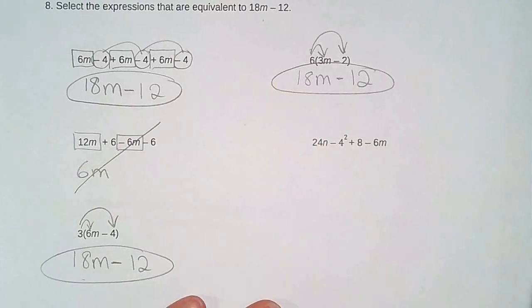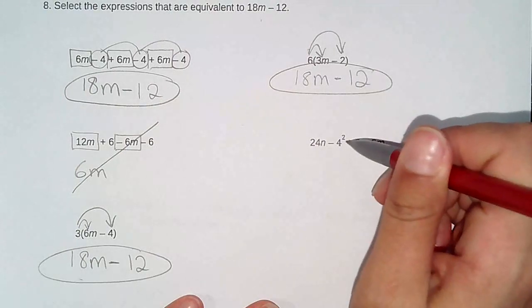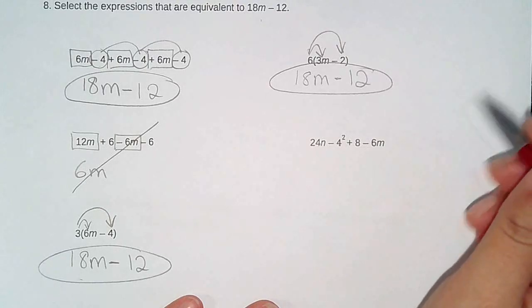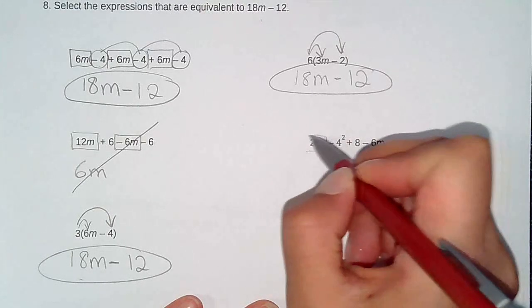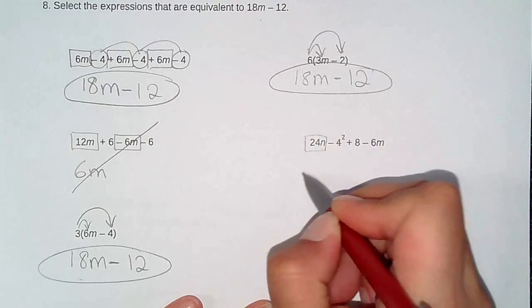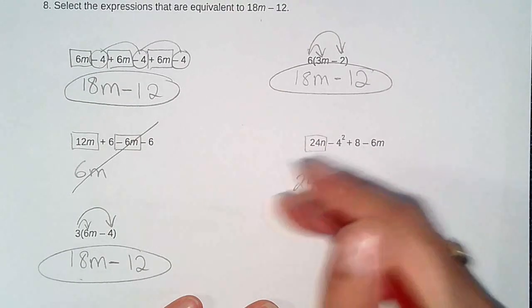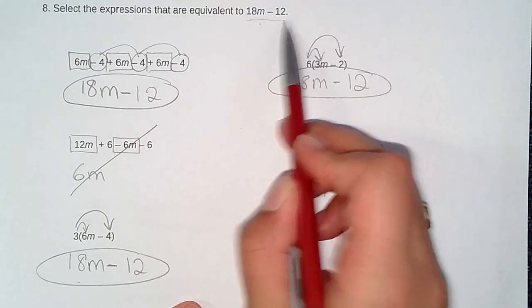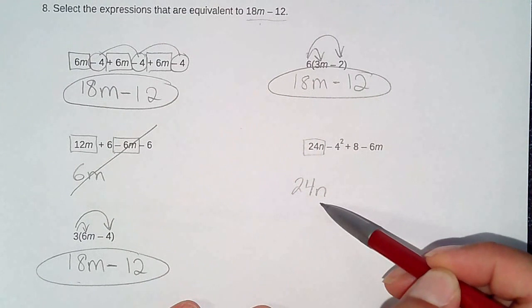And the last one I have here is 24n minus 4 to the power of 2 plus 8 minus 6m. So I can't combine 24n with anything because there's no other n. And I actually don't even have to continue because I don't have any n's up here. So I automatically know this is not going to be an answer.